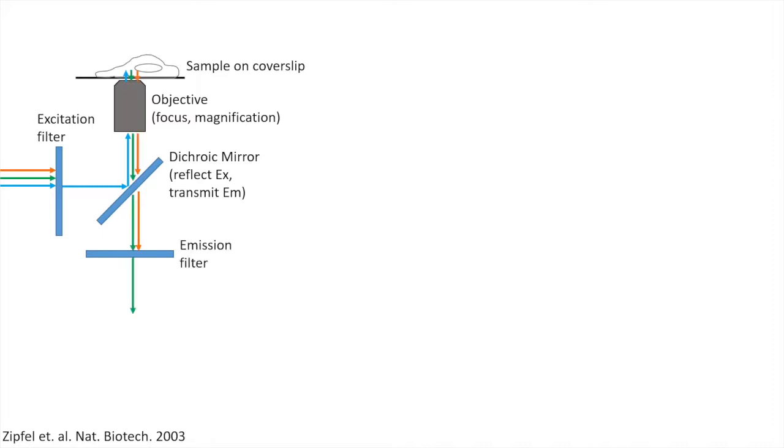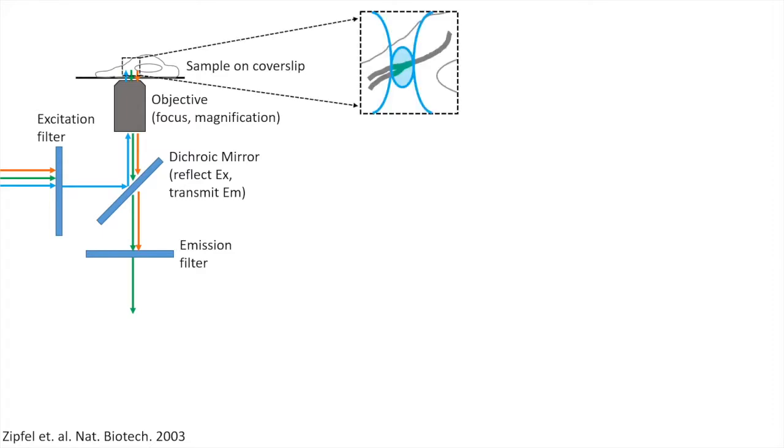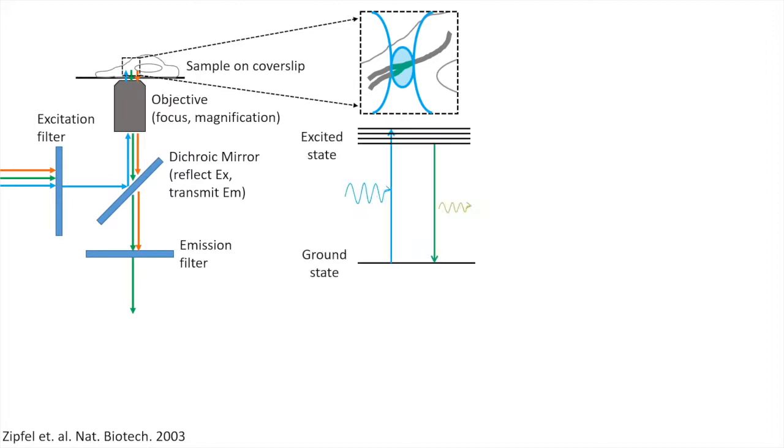Then the fluorescence goes through the dichroic mirror and the right emission filter to collect the fluorescence. If we look at the focus, the objective will focus your light at a small focal volume, and then you will only see this region.